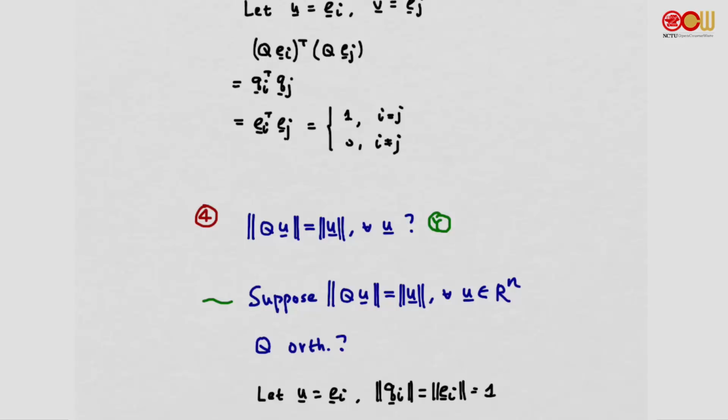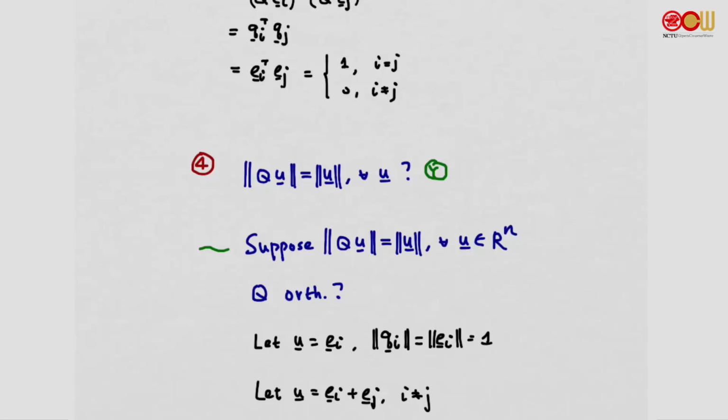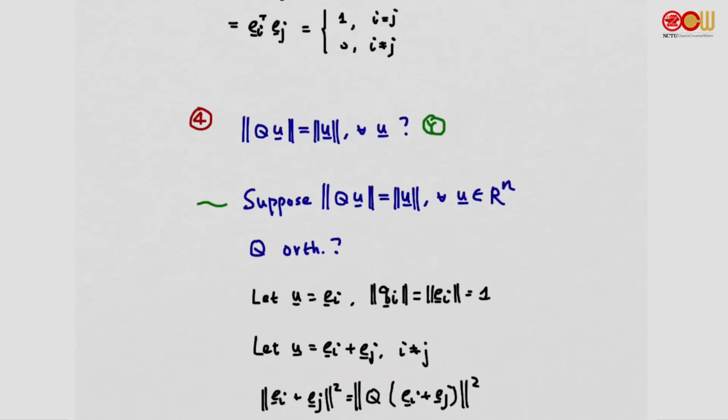But the only thing that we know is this property. So we need to choose U so that we can somehow see the dot product between two column vectors of Q. So let's try U that is the sum of the ith and jth standard vectors.